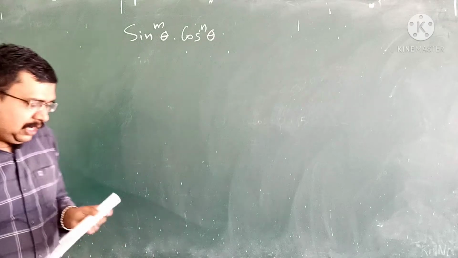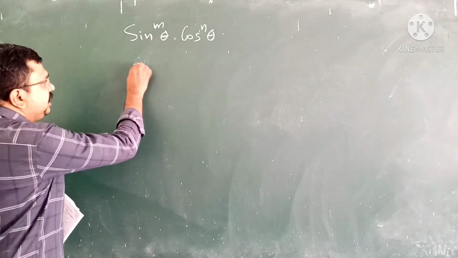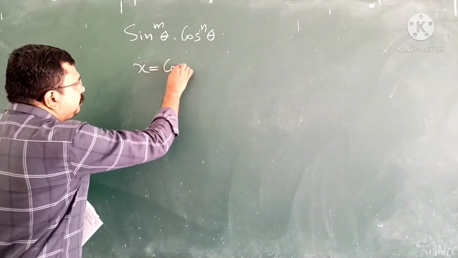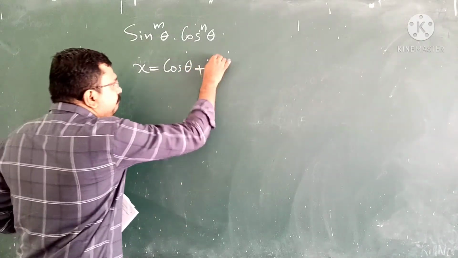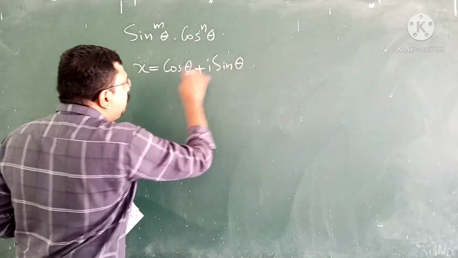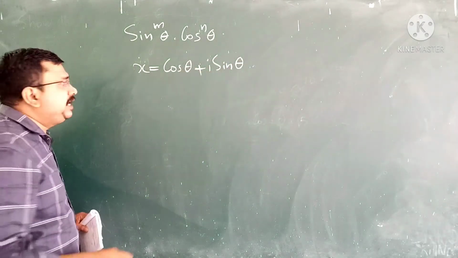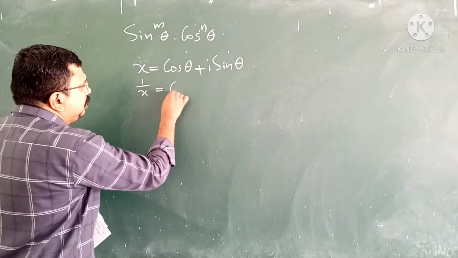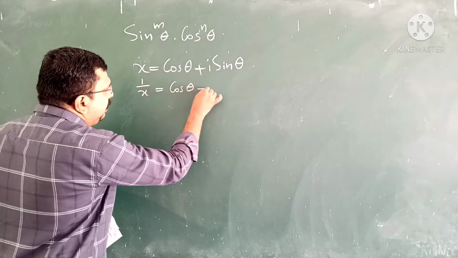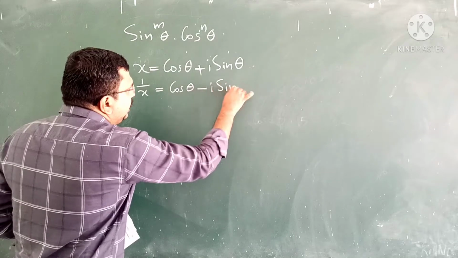Let us suppose that x equal to cos theta plus i sin theta. Then what is 1 by x? 1 by x equal to cos theta minus i sin theta.